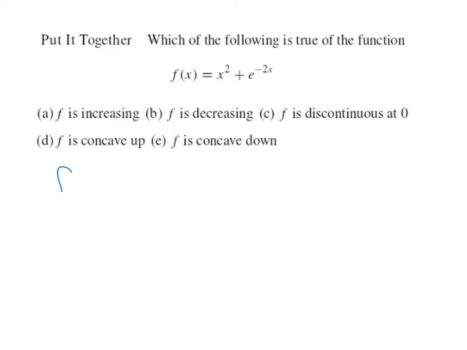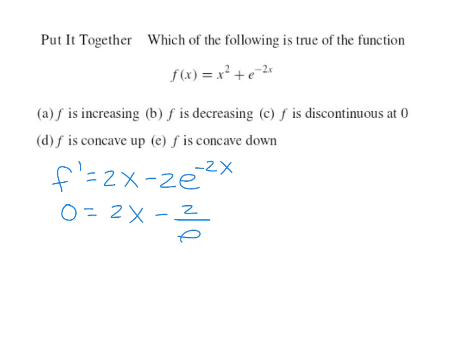So increasing, decreasing is first derivative, so that is 2x minus 2e to the negative 2x. So if I set that equal to 0, so x equals 0 would be my, this thing, if I plug in 0, no, I don't get 0.